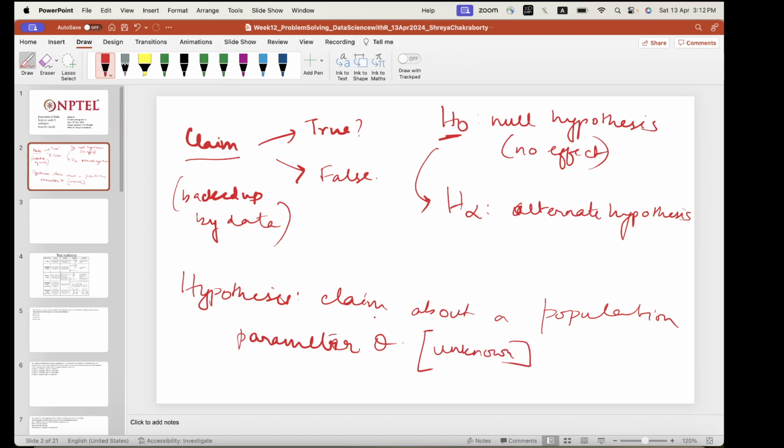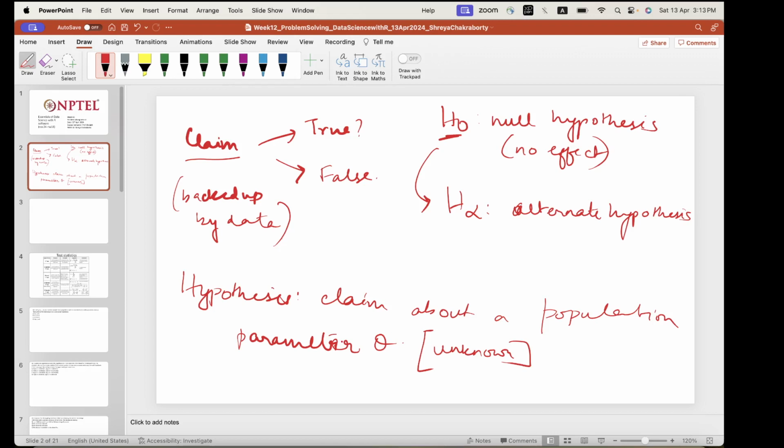Alright, it's a claim or an assumption about a population parameter. So let's say if I want to judge or assess that the average rainfall in the month of July is something. So we don't know what will happen in the future, but we want to make an assumption about the average rainfall based on the past data that we have had. Okay, so that is sort of an example.